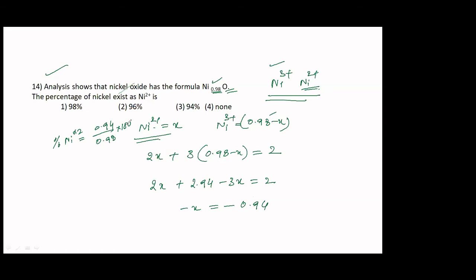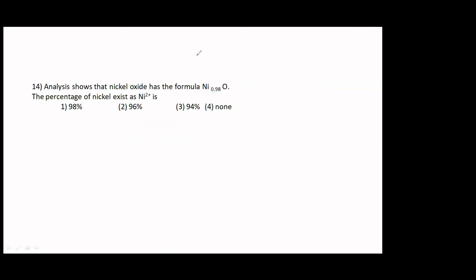We get 95.9, which will be 96%. Sometimes they will ask you the percentage of Ni3+. Once you know this, you can find out the other one also, around 4%. Hope it is clear to all of you. Move on to the next one.